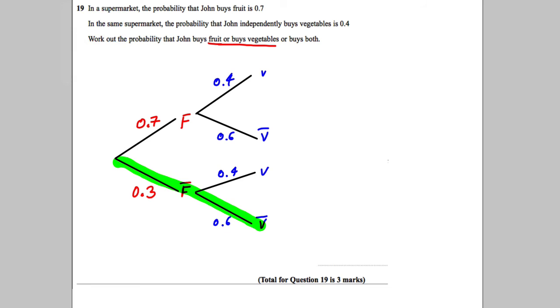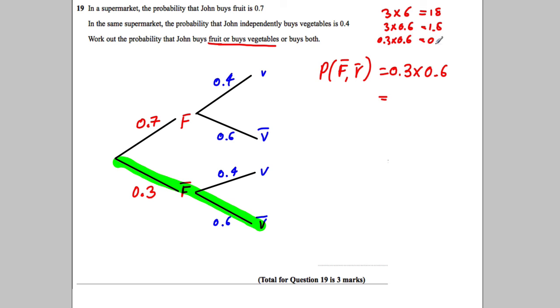So if we actually, to save our life, rather than doing that multiplied by that, added that multiplied by that, added that multiplied by that, if we just did these two multiplied each other, so the probability that he's not fruit and he's not veg would be 0.3 multiplied by 0.6, which must be, well, 3 multiplied by 6 is 18, so 3 multiplied by 0.6 must be 1.8, and 0.3 multiplied by 0.6 must be 0.18.